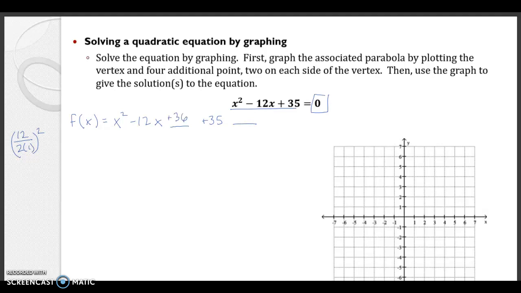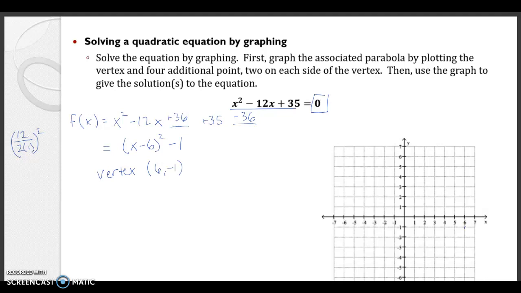So remember, if I add 36, I also have to subtract 36, so I add a total of 0. The x squared minus 12x plus 36 factors into x minus 6 squared, and then I have minus 1 left. So my vertex from this equation is at (6, negative 1).